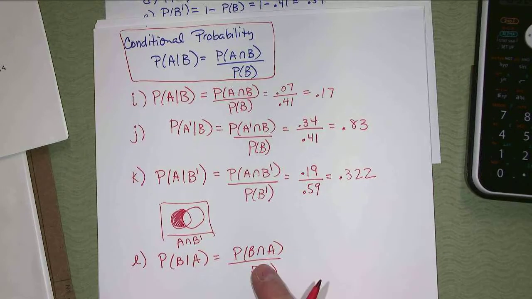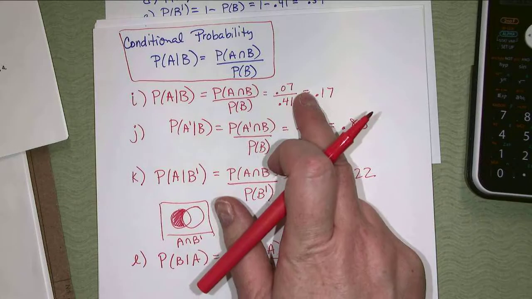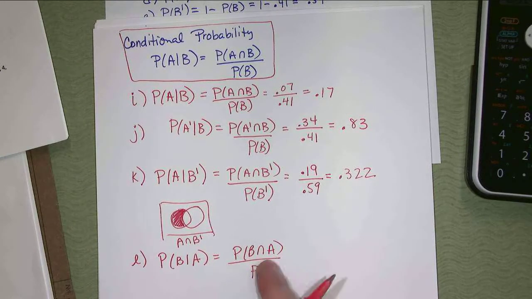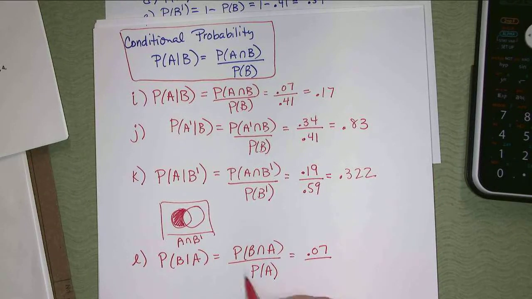And this one is the opposite of the first one? The intersection's the same. B intersection A or A intersection B is the same. That's 0.07. But this is over the probability of A instead of B. So this is saying, given that you're in the A circle, what's the probability that you're also in B? So this is out of A, which is 0.26.